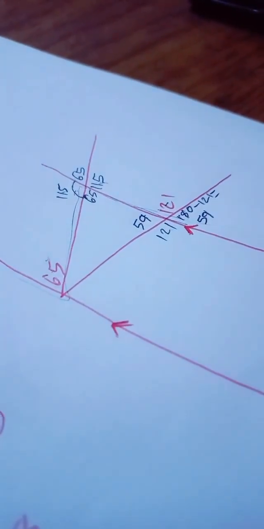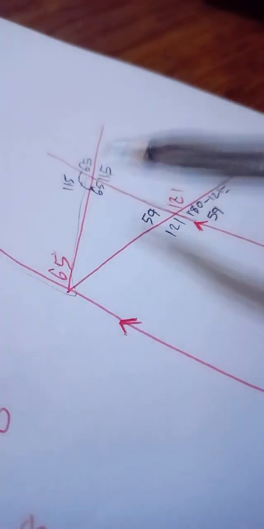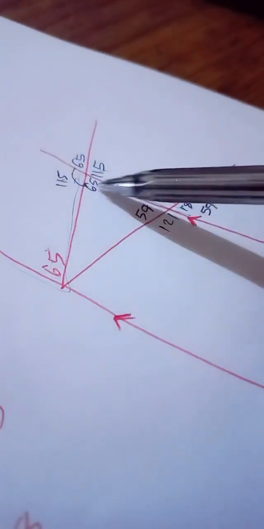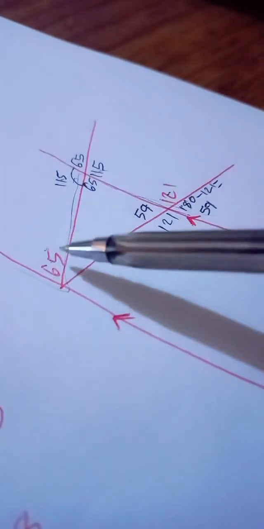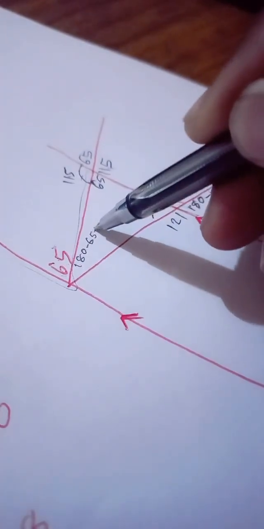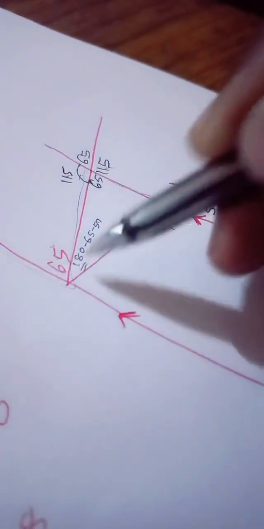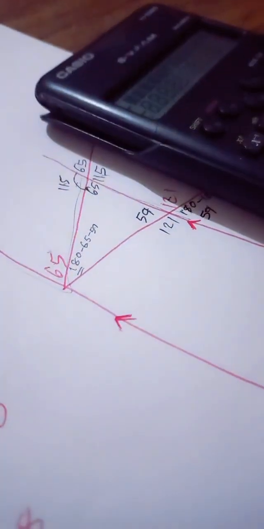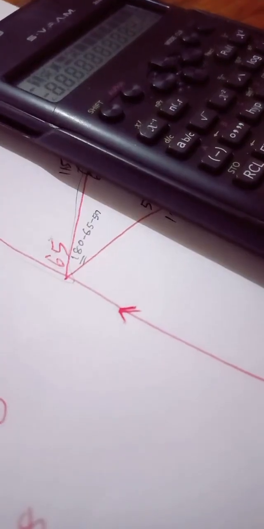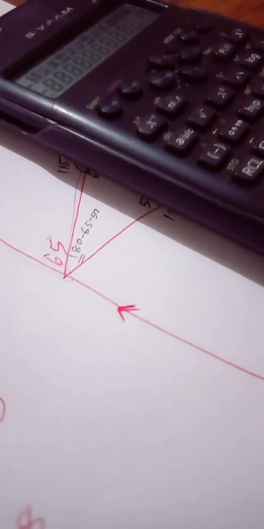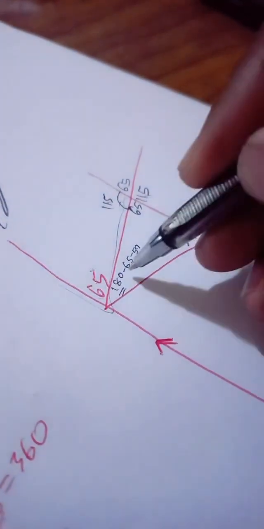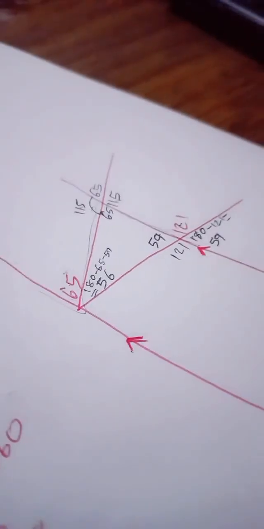This is a triangle on its own, so these three angles must give us 180. To get this, 180 minus 65 minus 59, which is 56.